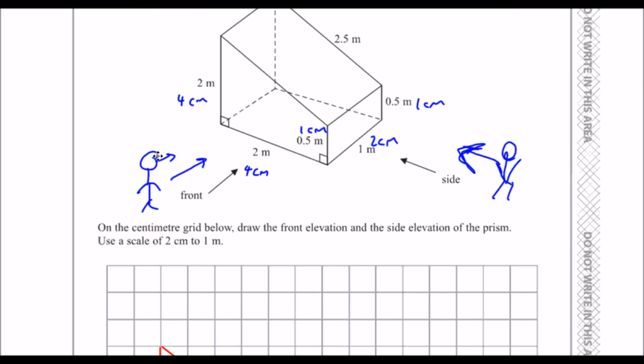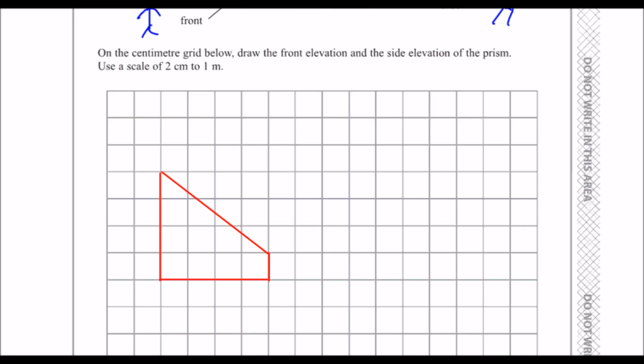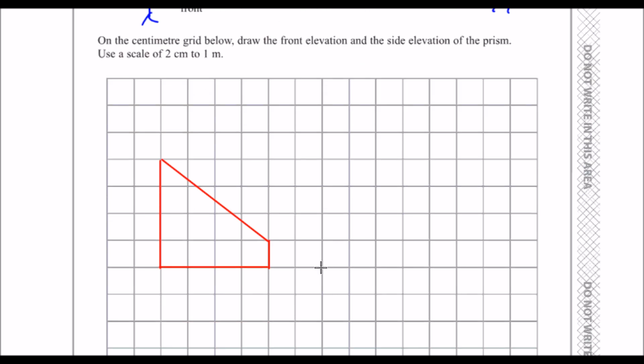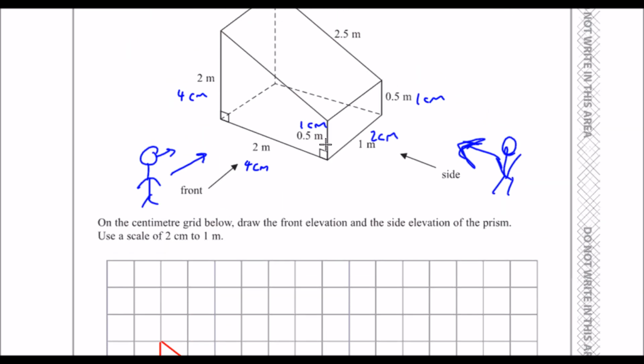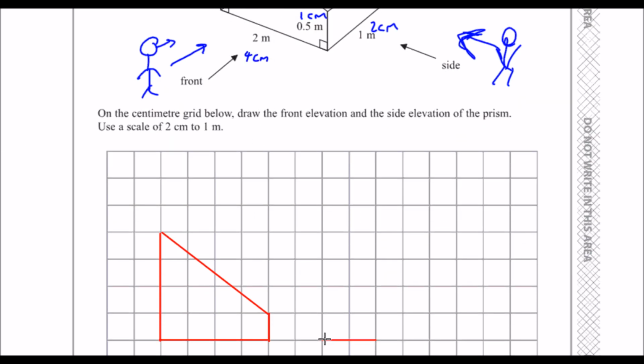So from this view, that's what you can see. From this side view, what can you see? So it goes along 2, so up 1 to the first level, so I'll draw that on.